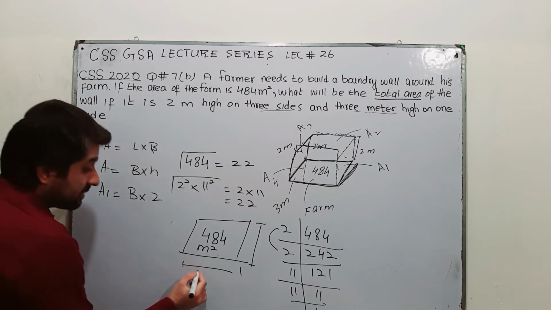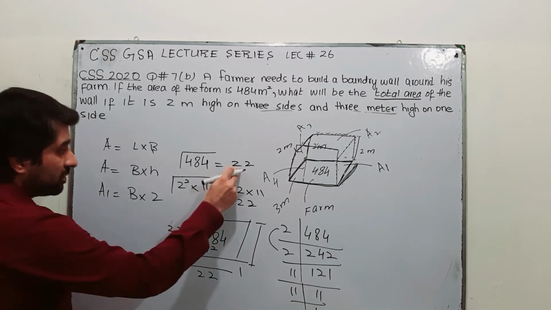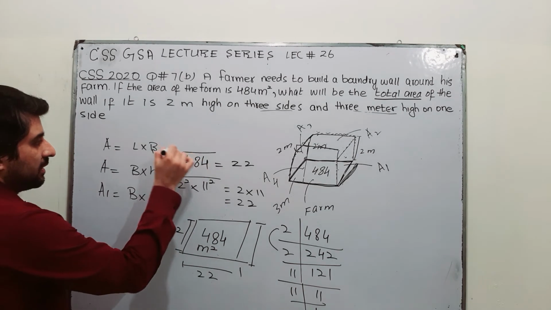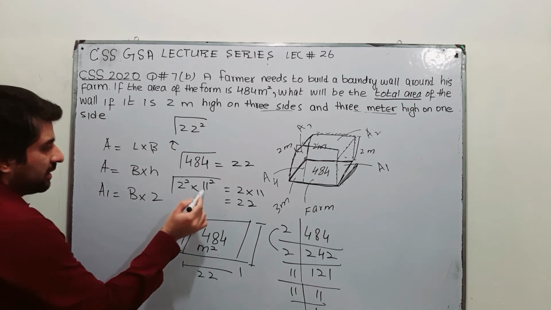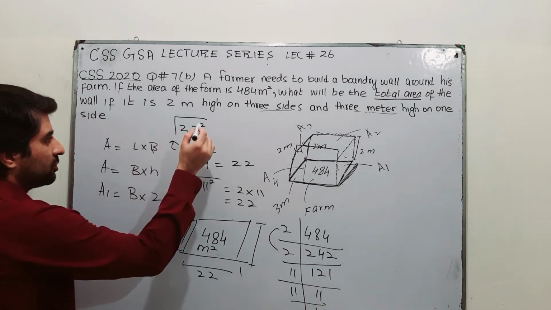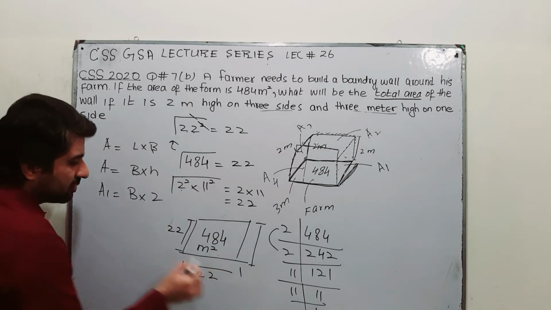That means this side is 22 and this side is 22. How? Because 22 multiplied by 22 will give you 484. In short, 484 was 22 square, 11 square into 2 square is 22 square, so the square root cancels and your answer is 22. So this side is 22, this side is 22.